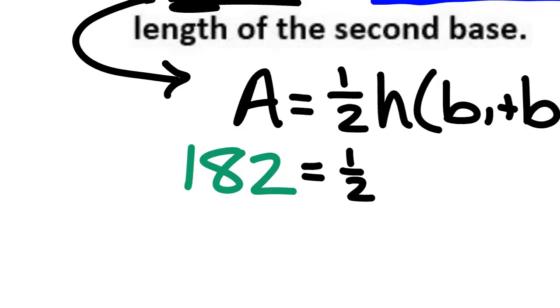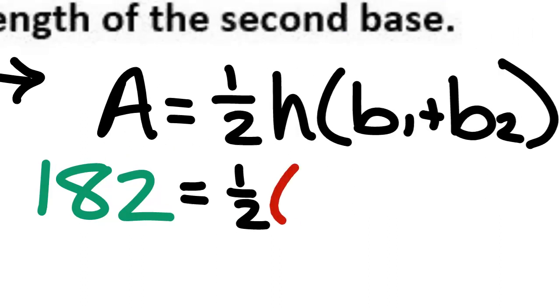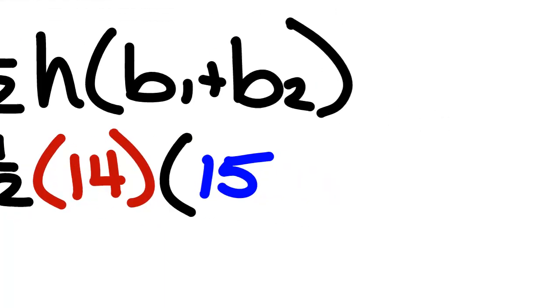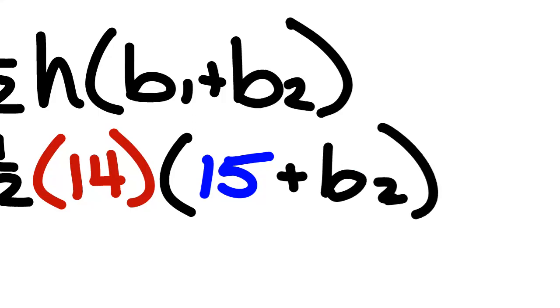We know that the height is 14, so I'm going to put that in for h. And we know that one of the bases is 15, so I'm going to put that in for base 1. I could put it in for base 2. It doesn't really matter. You decide which base you're going to put this in for.